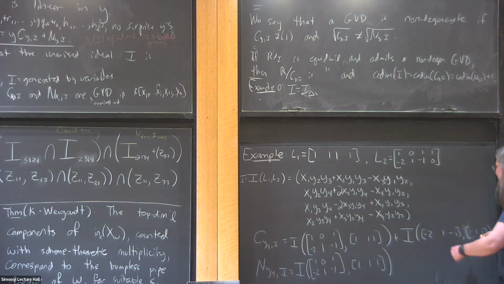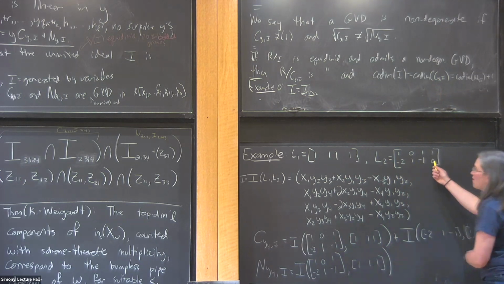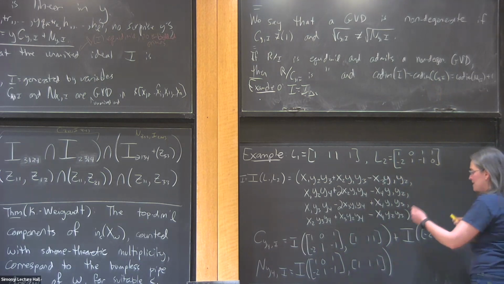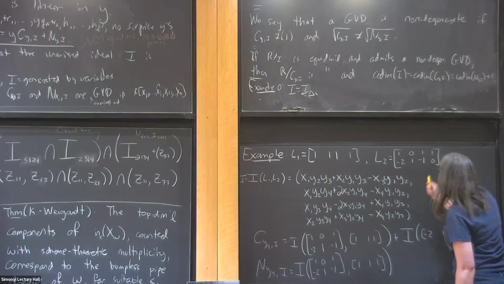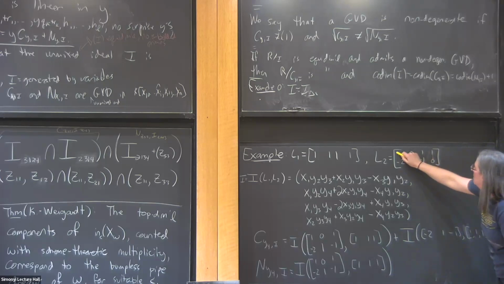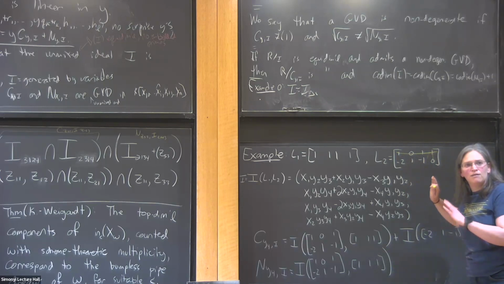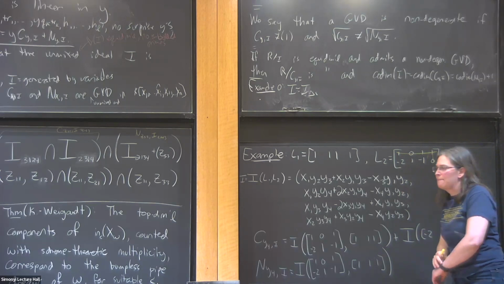And here we are getting the deletion just by chopping off the final column of our matrix. And we take the link by taking a contraction. This matrix is written so that I already have a 1 here. And so my contraction is this operation. So this is the geometric vertex decomposition reflecting steps in the combinatorics.